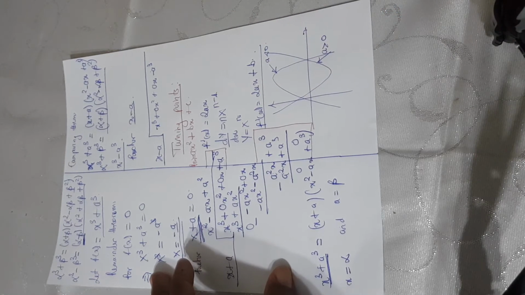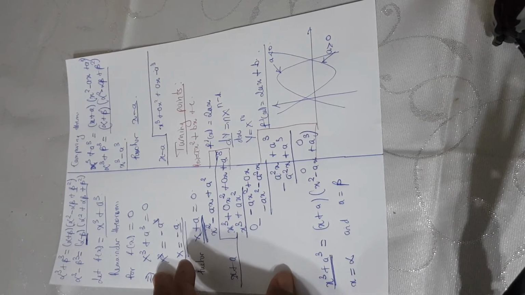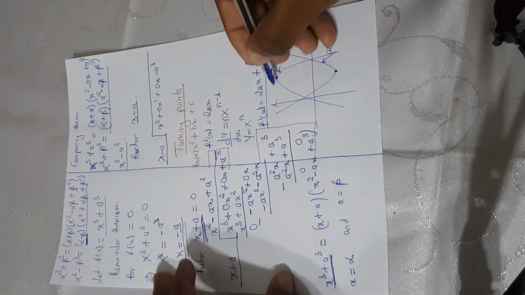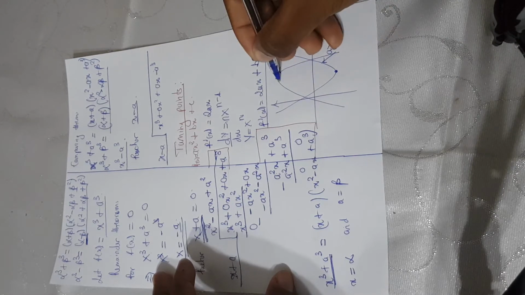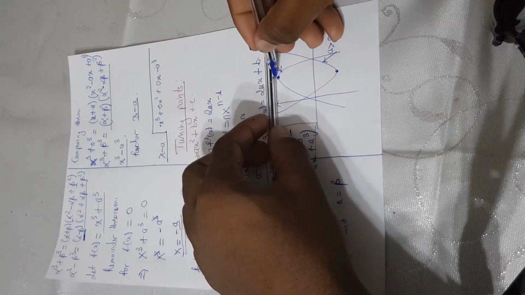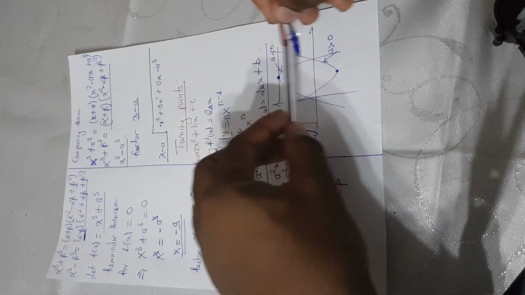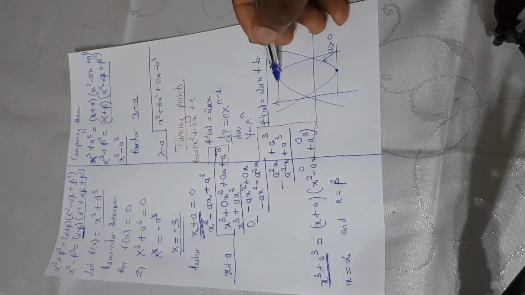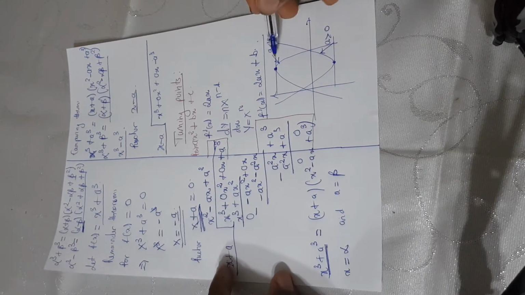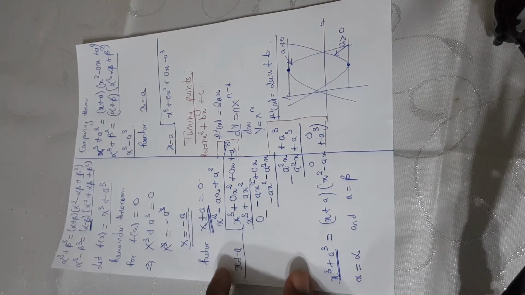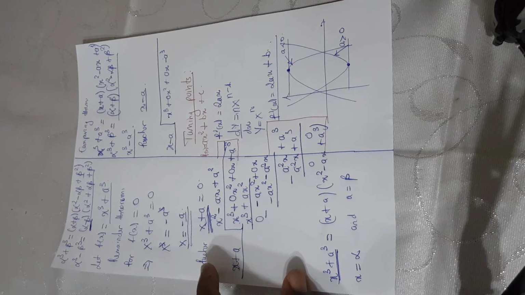Now, we have to note something. At the turning point, at this maximum or minimum value, if I draw a tangent at this portion here and at this portion here, I see that the gradient at both points is 0. So we can easily assume that at the turning point, the gradient is equal to 0.